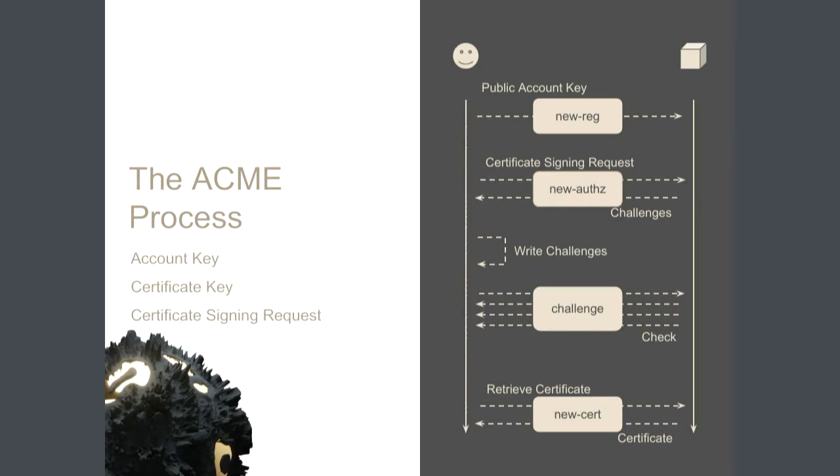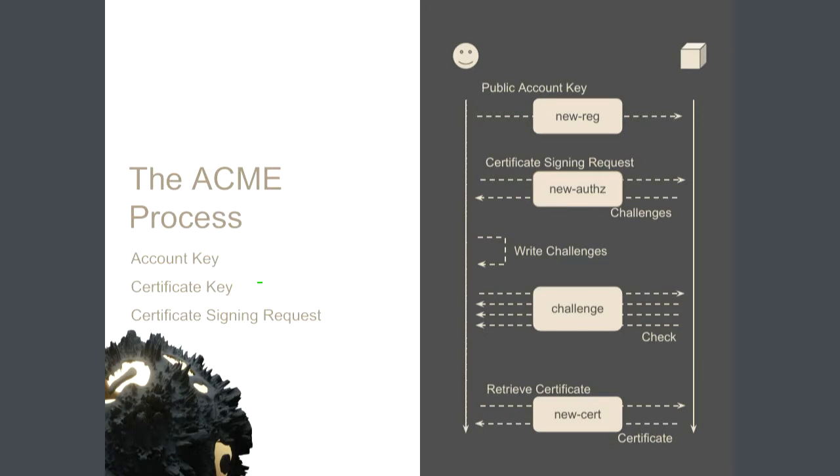Now, when you look at the process, it's a fair bit of diagram here, but you can see the 4 parts in here. The first thing is that you authenticate or register your account with your account key. Having done that, you send the signing request over to Let's Encrypt.